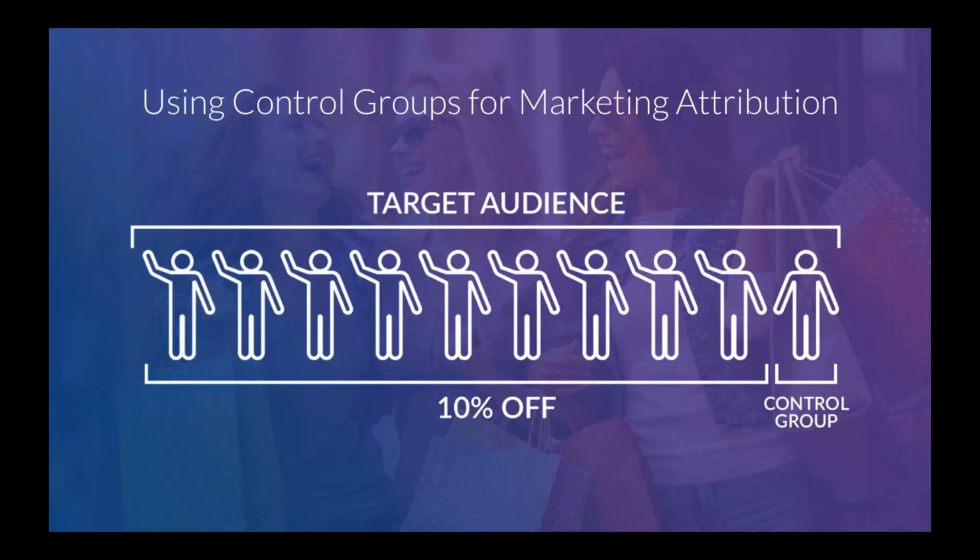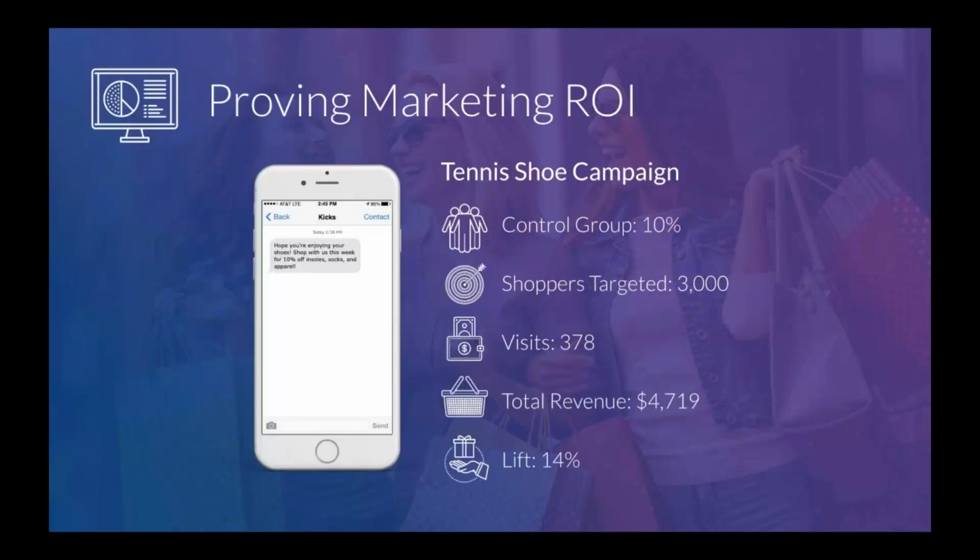At the end of the marketing campaign, you can then compare how the members of the campaign performed from a visit and revenue perspective against the control group who got no offer. This is how you can truly determine whether your marketing offer and message had an impact on the target audience. Here we can run the exact same campaign as before where 3,000 shoppers are targeted with an SMS promotion.